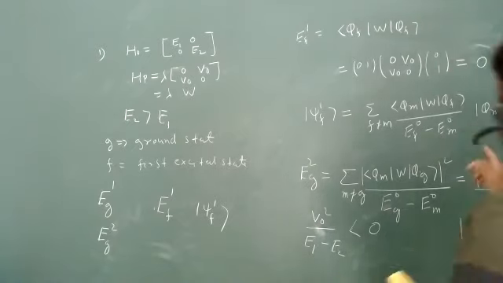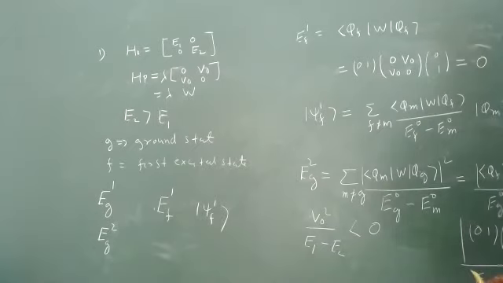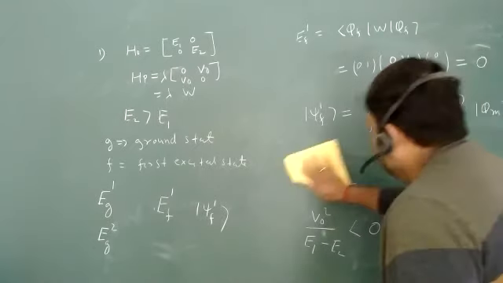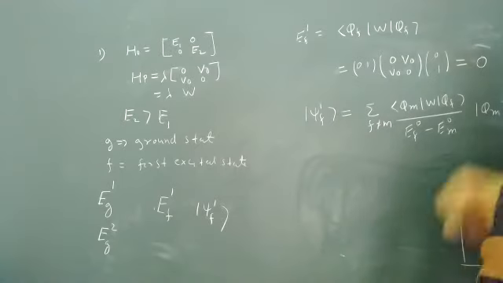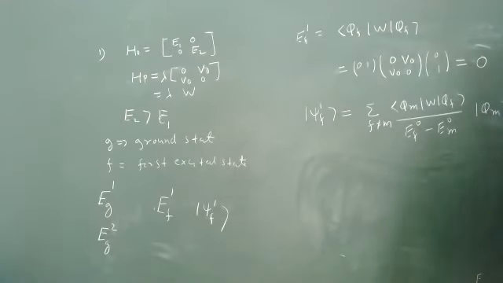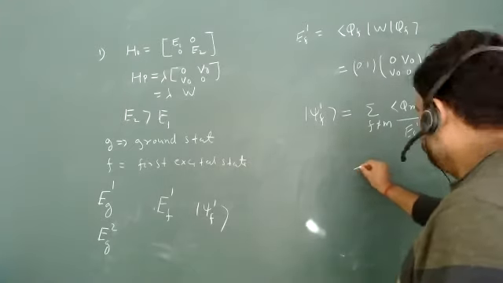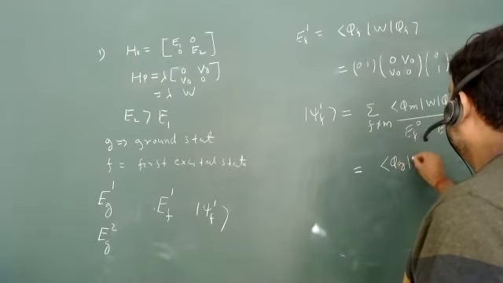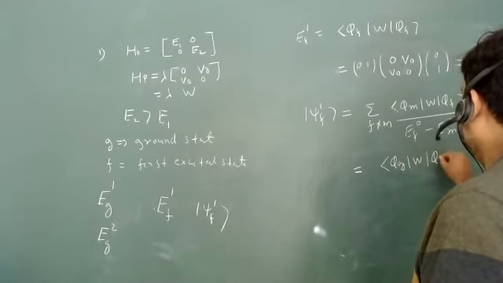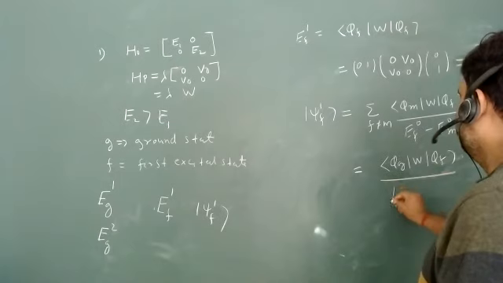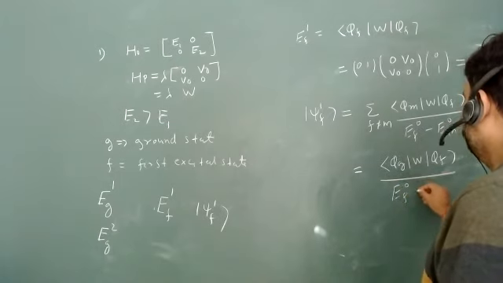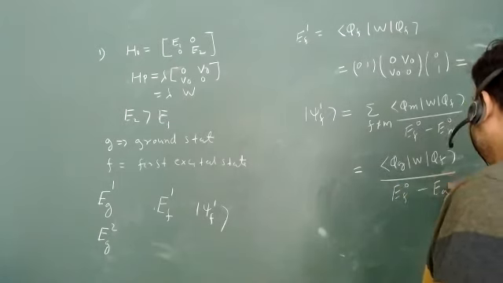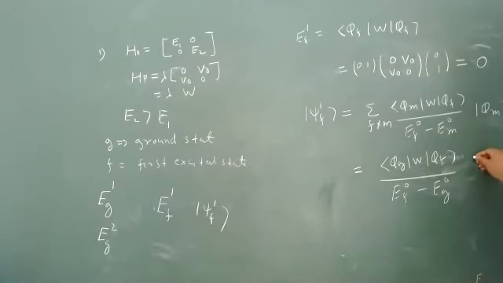Now what will be m? Just tell me, what will be your m? Ground state. Ground state, exactly. So this value is phi g W phi f, and you have EF0 minus EG0, and this value is phi g.